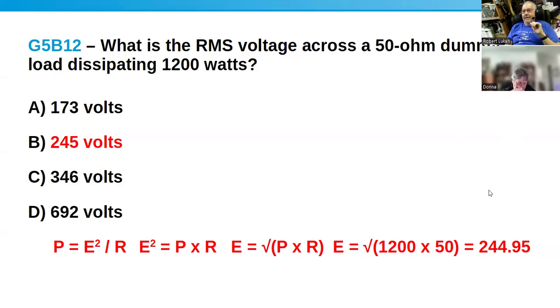P equals voltage squared divided by R, right? So multiply 50 times the power is equal to the voltage squared, and the voltage is going to be equal to the square root of that big number. Somehow or another, my decimal is wrong. But anyway, I'll figure that out.